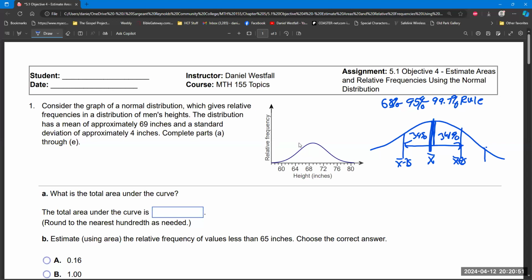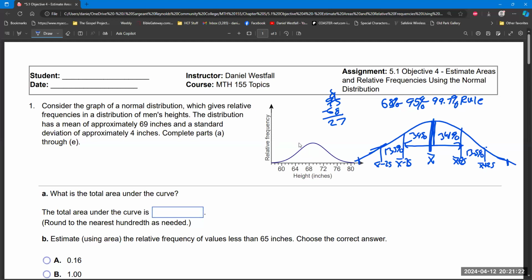And then between -2 and 2 standard deviations, there's 95%, but we already used up 68% of that. So there's 27% left, meaning that there's 13.5% here and here. And that's between -2 standard deviations and +2 standard deviations.